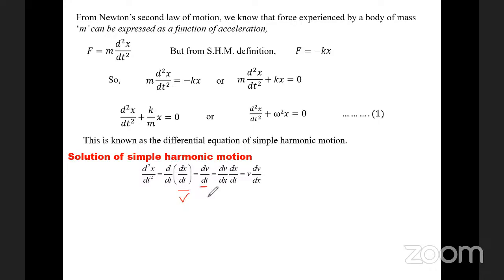Again, dv by dt can be written as dv by dx of dx by dx by dt. By cancelling dx, the same thing remains. So dx by dt is v, and dv by dx. So d square x by dt square can be written as v of dv by dx.